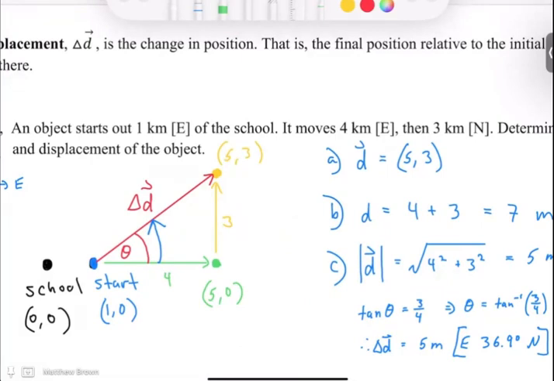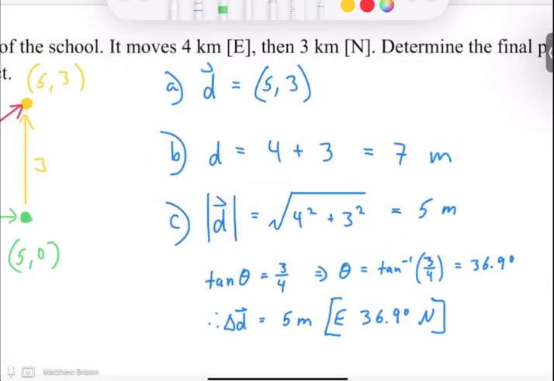Those numbers are perpendicular, or 90 degrees, to each other, so you can do that really nicely. Often though, you're given a vector like delta d. In this case, you're given a vector that is 5 meters east, 36.9 north, and if you're going to add that to some other vector, you've actually got to break it apart. So you've got to go the other way and figure out the components of that vector.